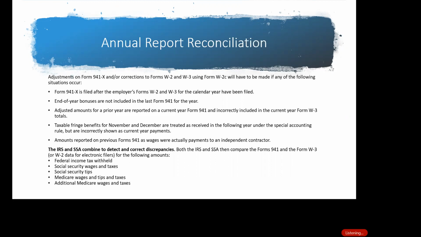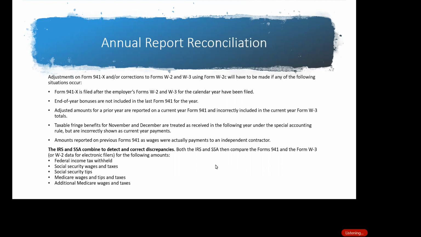So every quarter you send your 941s to the IRS, and at the end of the year, you send your W-2s and your W-3 to the Social Security Administration. They reconcile those documents between the two agencies, and periodically you will get a notice from the Social Security Administration saying that your 941s that you submitted don't match what you submitted on the W-2s.